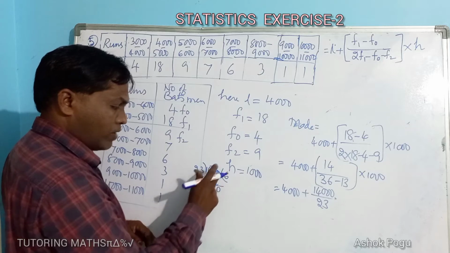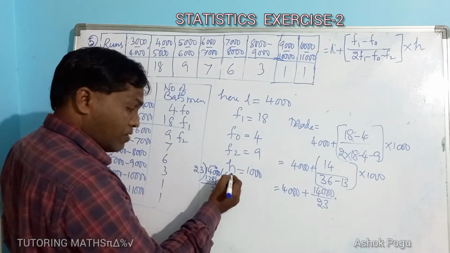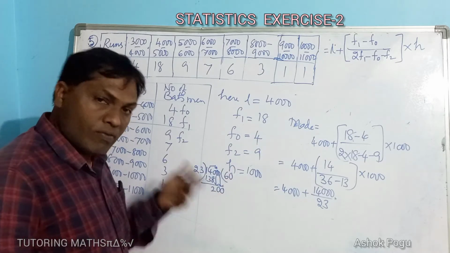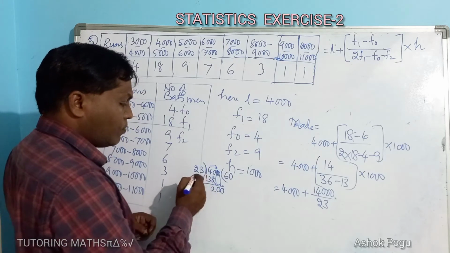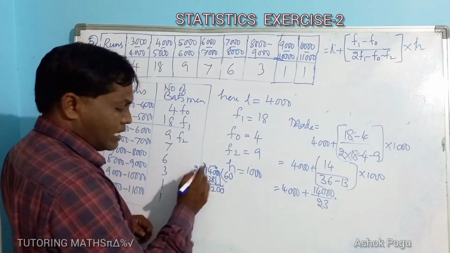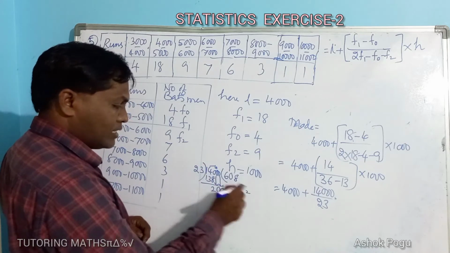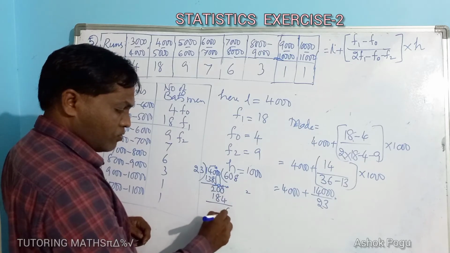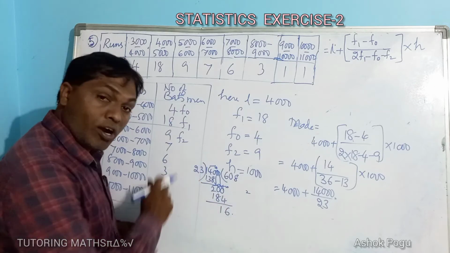Take one digit, 20. Now 23 table, 20 is not divisible, so take one more 0. Now it becomes 200. 9s are not possible, take 8s. 8 3s are 24, 8 2s are 16 plus 2, 18. Now you get 10 minus 4, 6, and 1 is left. But 16 is not divisible.